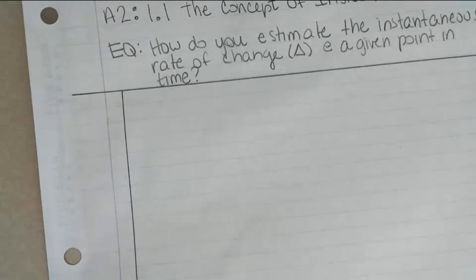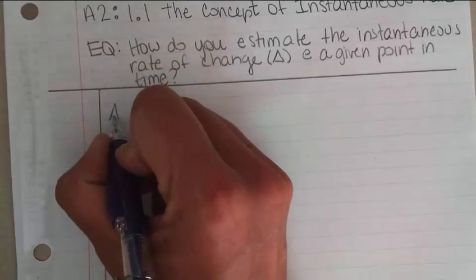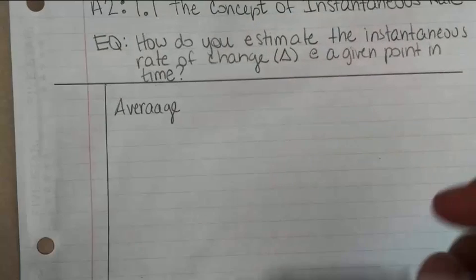Okay, so let's start with a basic Algebra 1 review. We are going to talk about the average rate of change. Oh, except for I can't spell average.